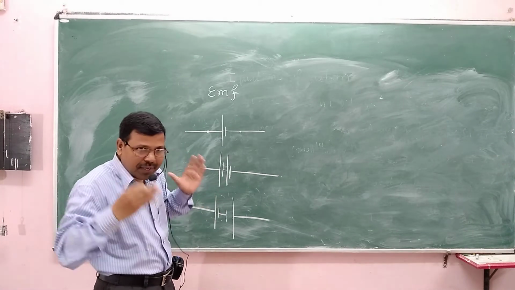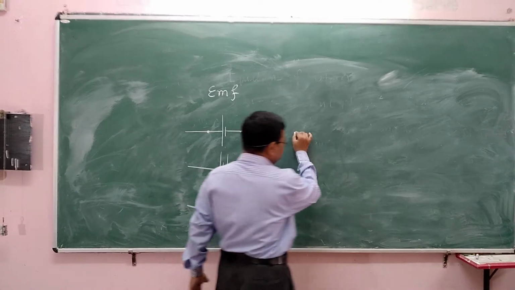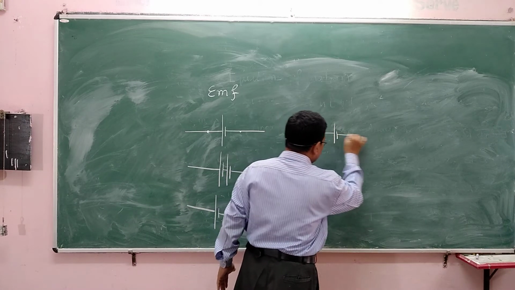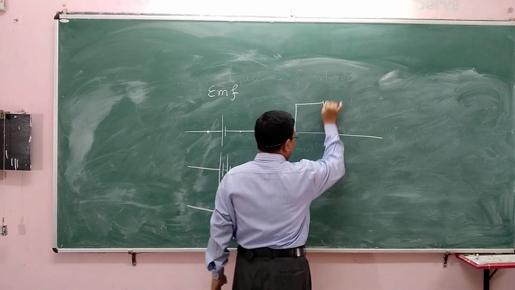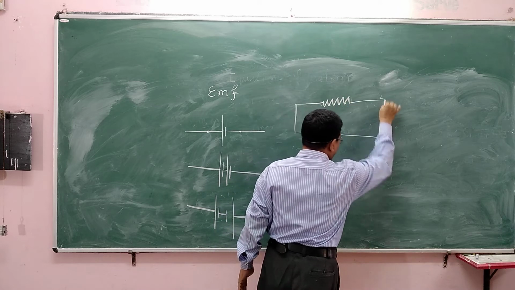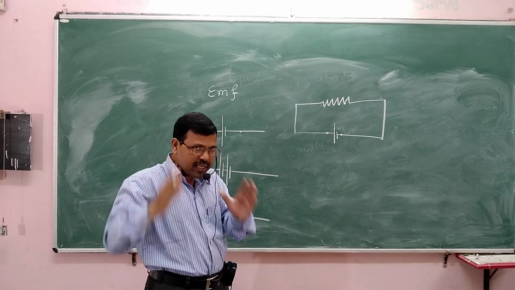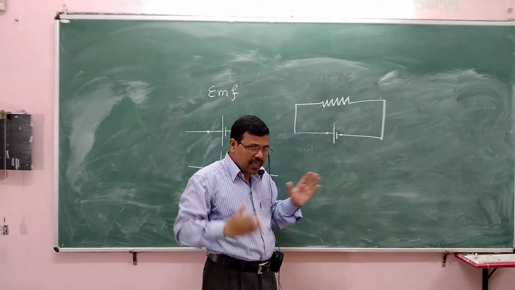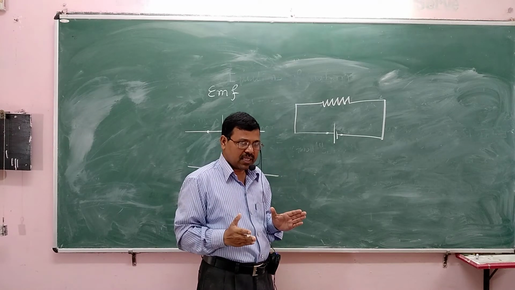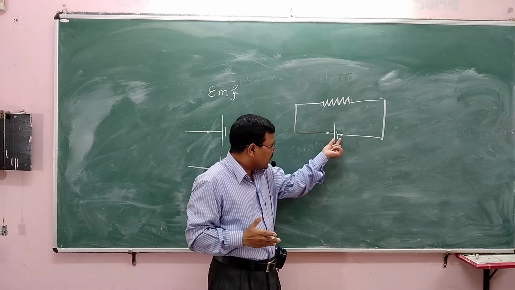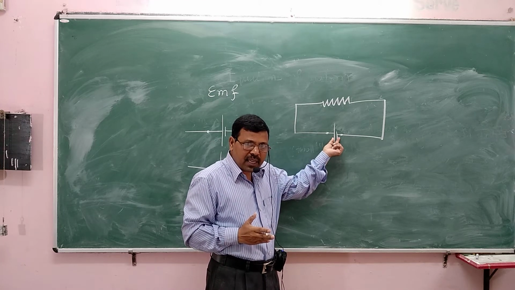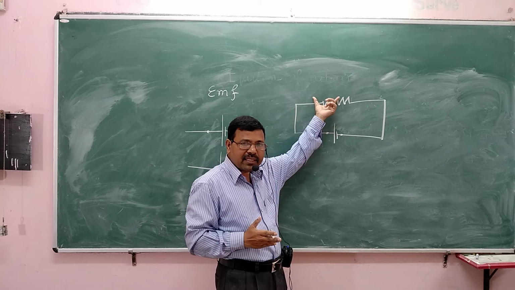Okay, what is potential difference? Potential difference is the difference in potentials between the two terminals of a cell when current is drawn from it.